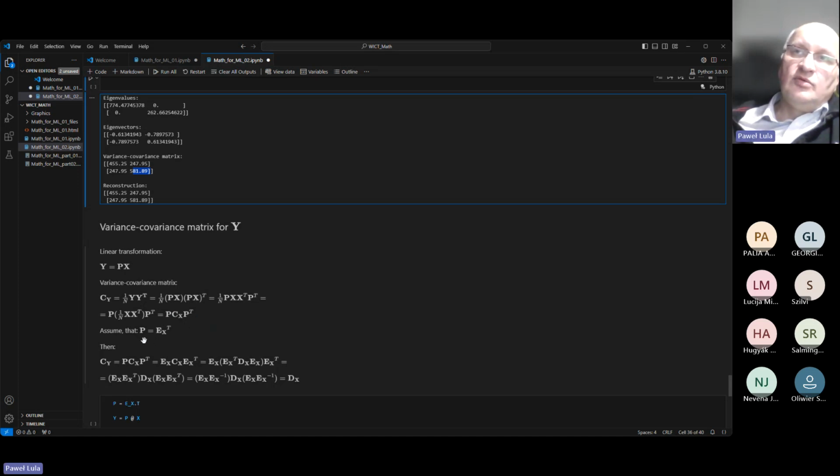And now we may replace P with this matrix E, in which we have eigenvectors, because we are going to use eigenvectors as a definition of our new coordinate system. So we can replace P with the E matrix.